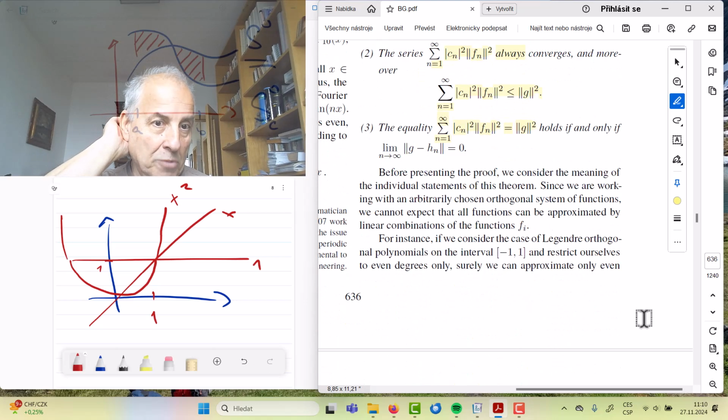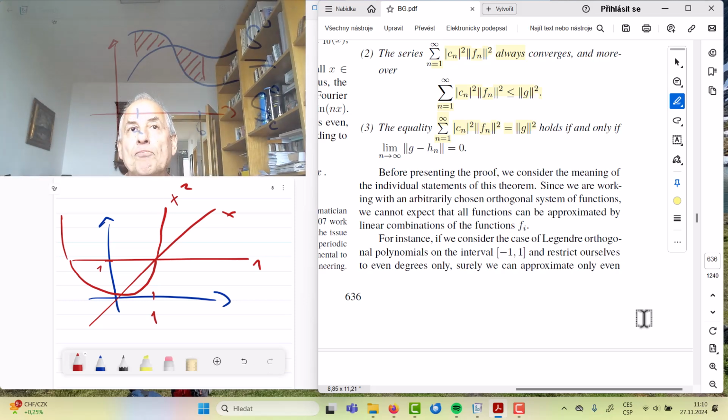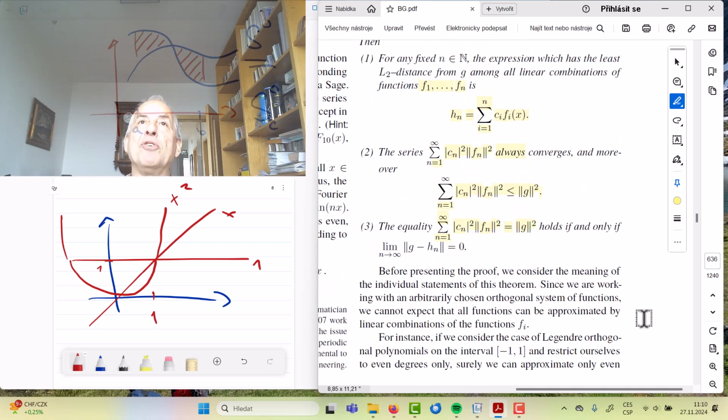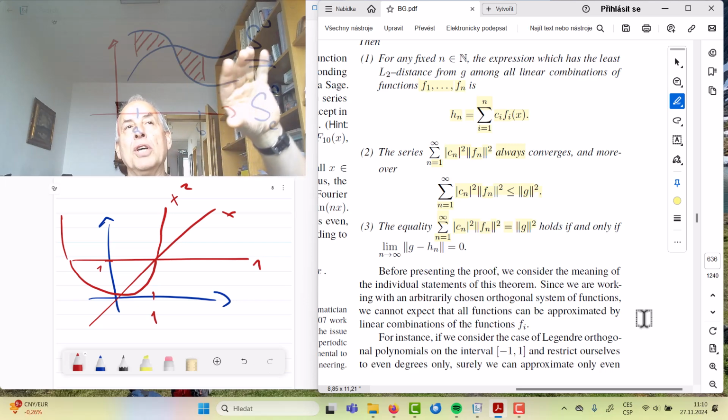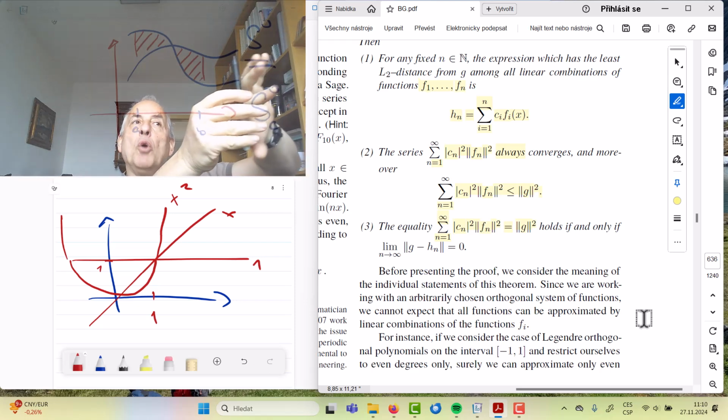And if you imagine, for example, the Legendre orthogonal polynomials, then sure, this would be a way to approximate every integrable thing in L2, they are all integrable there, by polynomials. And even if it's jumping, you will always find polynomials which make the jump closer and closer, right?